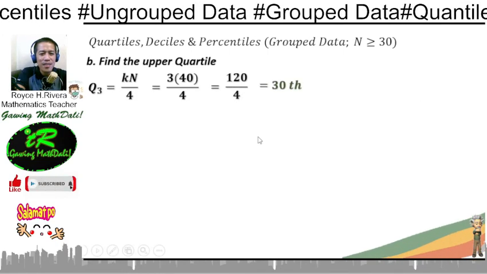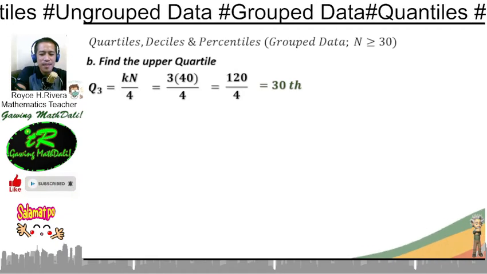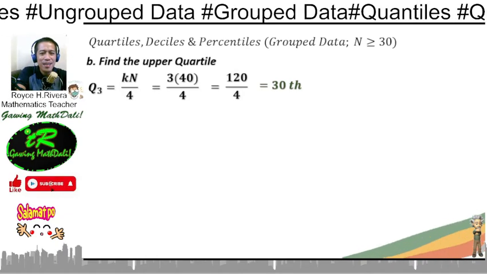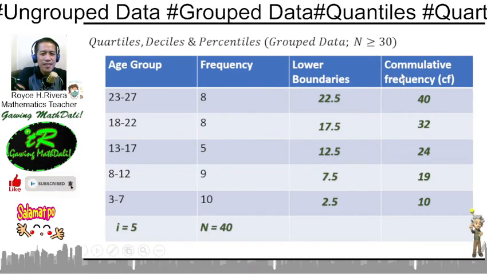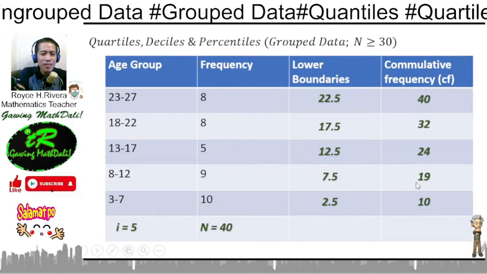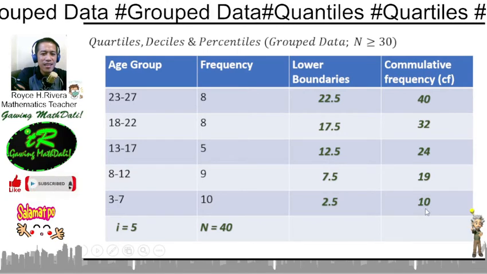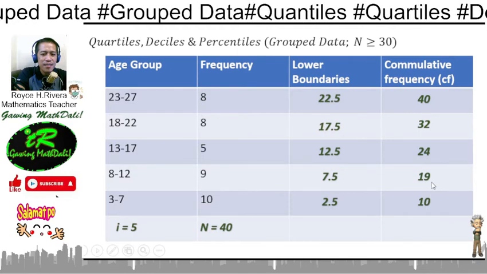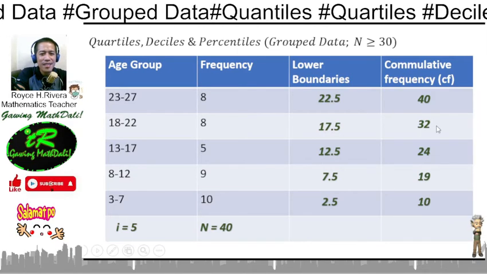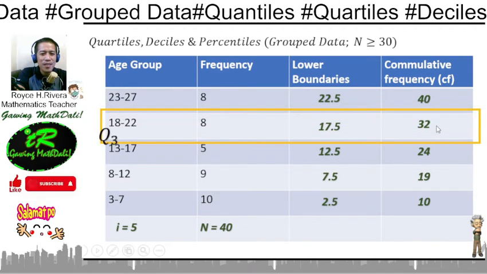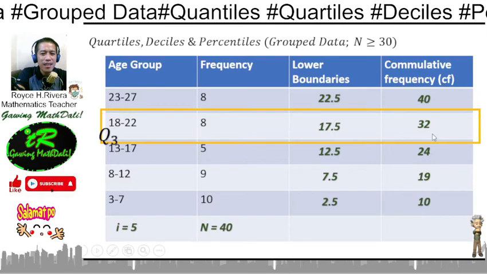And the position is the 30th data. Balik ulit tayo sa table. Sa cumulative frequency column, hahanapin ulit natin ang 30th data. At narito yon. The age group or class with cumulative frequency 32.